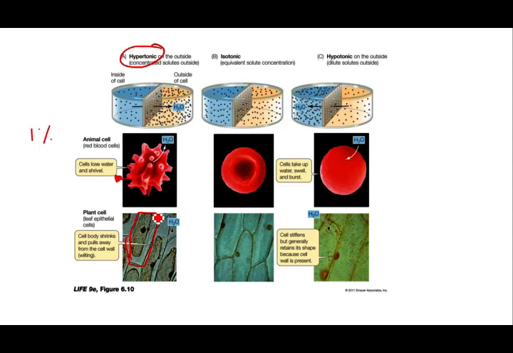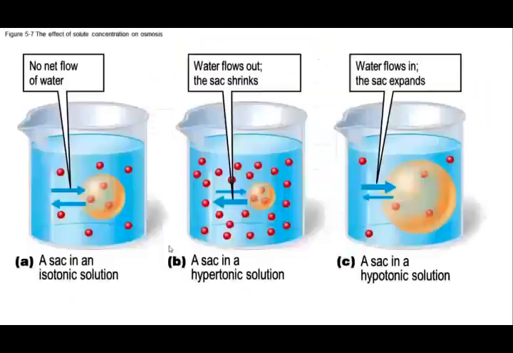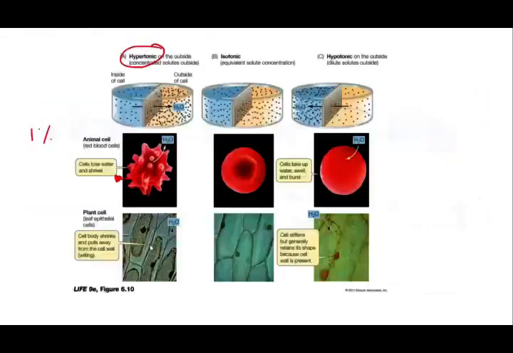So if you put a plant cell in a hypertonic solution, it's going to suck the water out of that, and what you will see, and you are going to see this in lab this week, is that you will still be able to see the cell wall. It'll be unaffected, but the cell will become plasmolyzed. The cell membrane will pull apart and everything will shrink. Okay, so that's what happens.